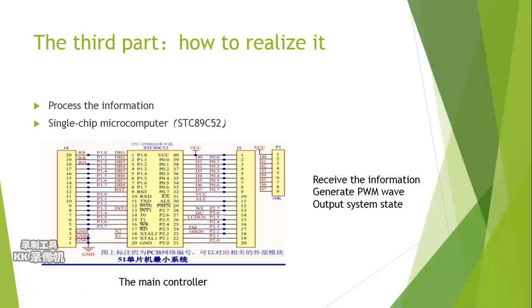The microcomputer will receive this information and then it will process this information with a formula, and this formula will calculate the duty ratio of PWM wave for us, and then the microcomputer generates the PWM wave with special duty ratio value.